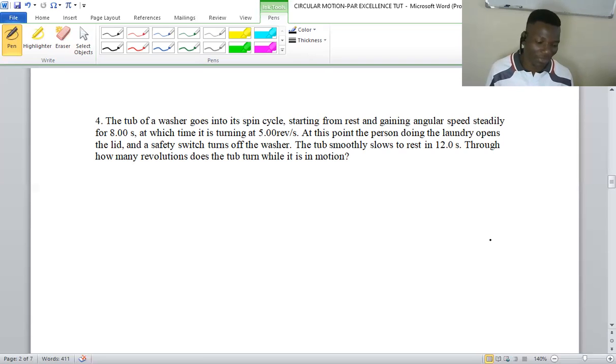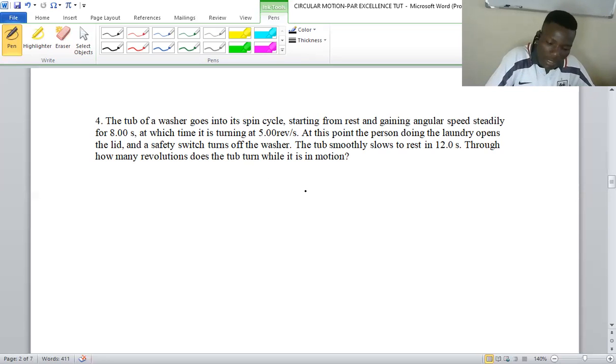Wow. So there are two ways that you can find this. There might be many other ways, but there is one where we know that angular displacement is going to be the average of angular speed times time.